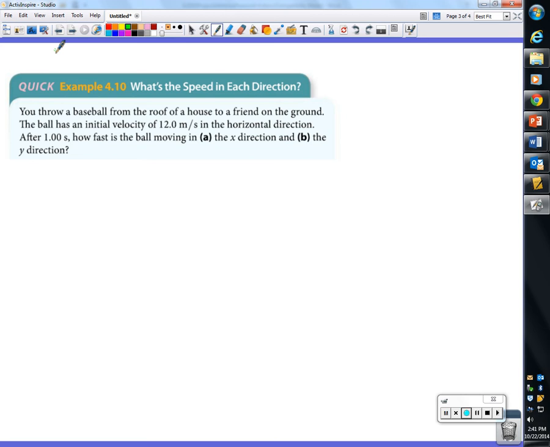Two, it's even more dangerous to throw things off of your roof towards people on the ground. It says the ball has an initial velocity of 12.0 meters per second in the horizontal direction. After 1 second, how fast is the ball moving in the X direction and in the Y direction?